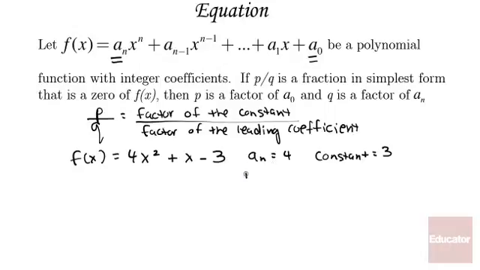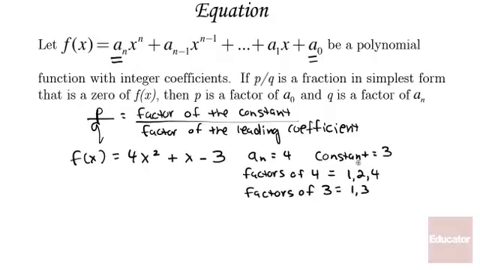The factors of 4 are going to be 1, 2, and 4. These could be positive or negative, and I'm going to worry about the signs in a minute. Right now, I'm just going to look for the factors. The factors of 3 are 1 and 3.